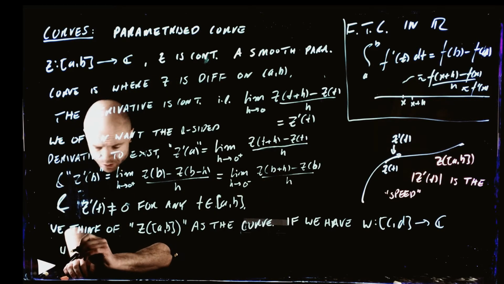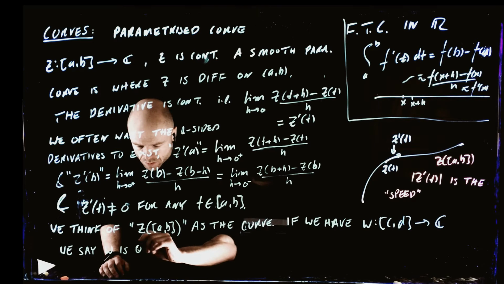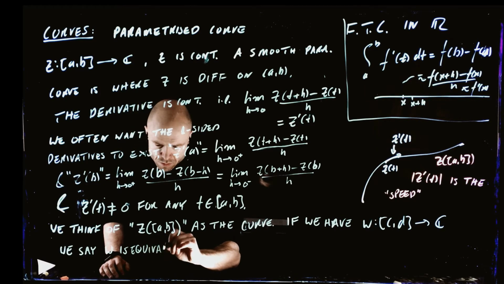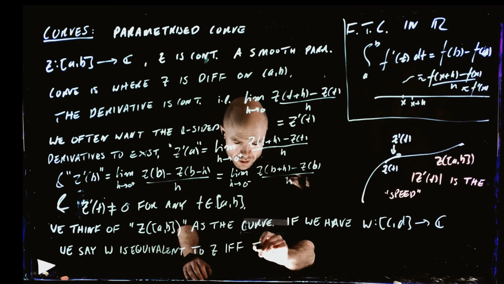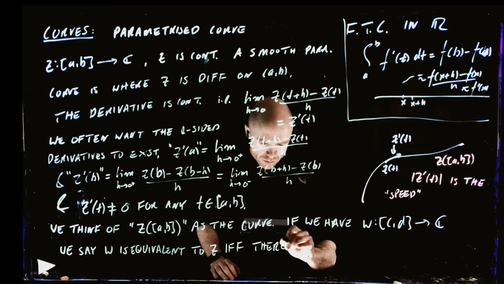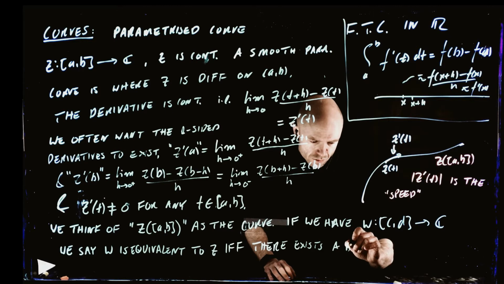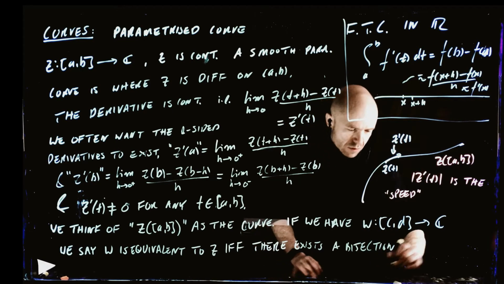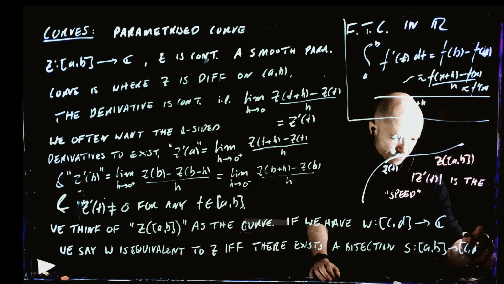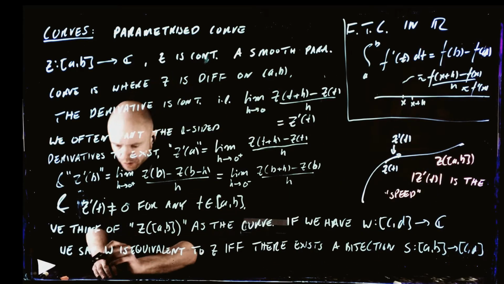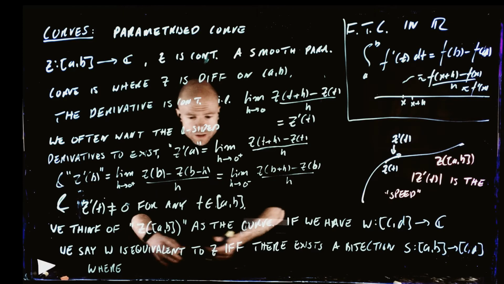We say w is equivalent to z if and only if there exists a bijection, let's call it s, from a, b into c, d, where we can go from one to the other via this bijection.